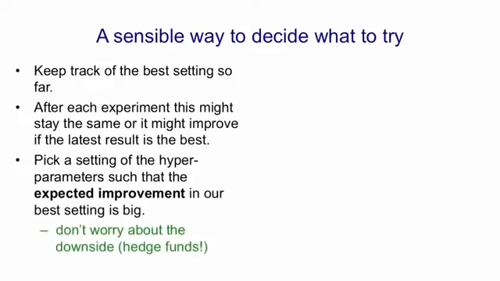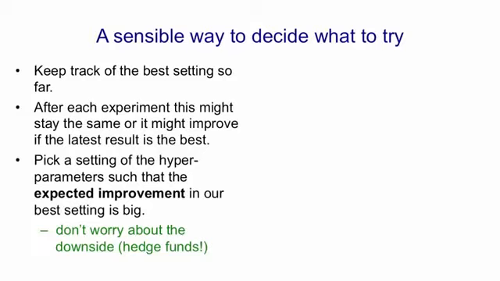We don't worry about the fact that we might do an experiment that leads to a really bad result, because if it gets a really bad result, we won't replace our best so far with this new experiment. Also, we'll learn something. This is a phenomenon that managers of hedge funds know about. They often tell the client, if the fund goes up, I'll take 3% of your profits.